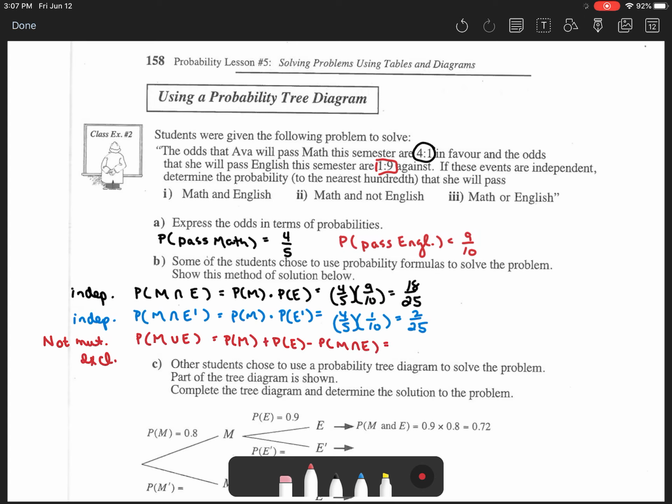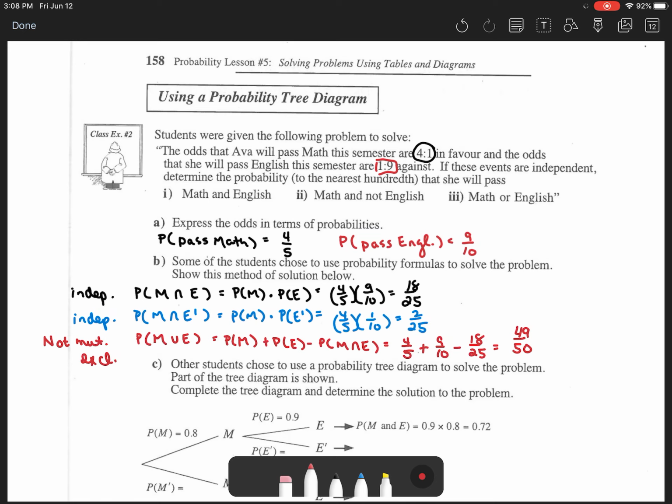I'm just following the formulas. So I do 4/5 plus 9/10, and then I subtract 18/25, which I calculated at the beginning of this question, didn't I? Common denominator there that you're going to have to find, that'll be 50. Add those all together and you will get 49 out of 50, and there are your probabilities.